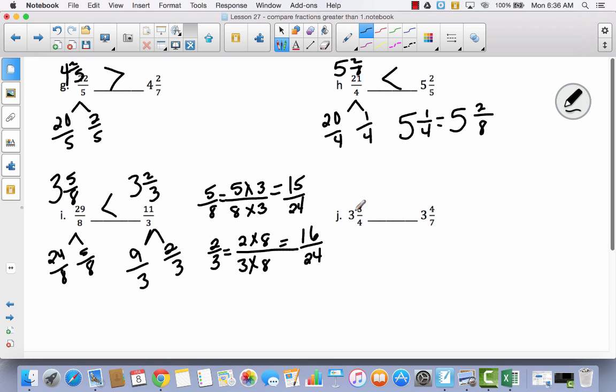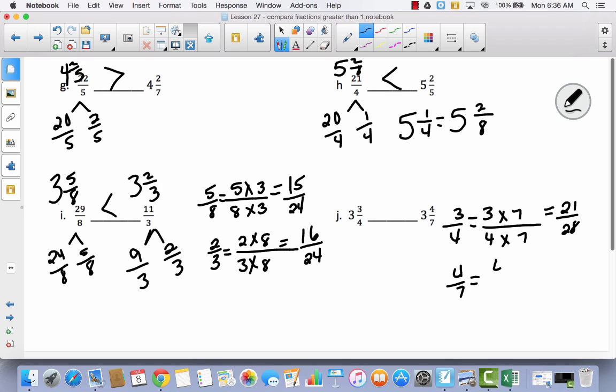We have our whole numbers are the same, our numerators aren't related, our denominators are not related. So again, we're going to have to take 3/4 and 4/7 and find a common denominator. So I'm going to take my top fraction and I'm going to multiply it times 7. And that's going to give me 21/28. Now the reason why I chose 7 is because these are sevenths.